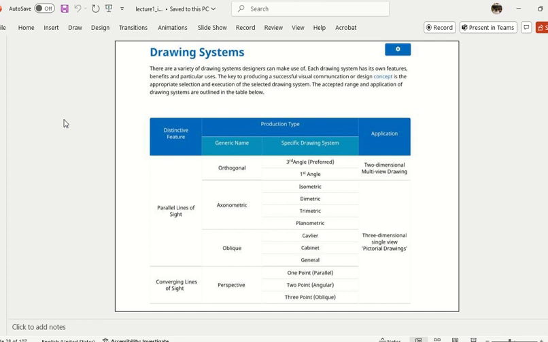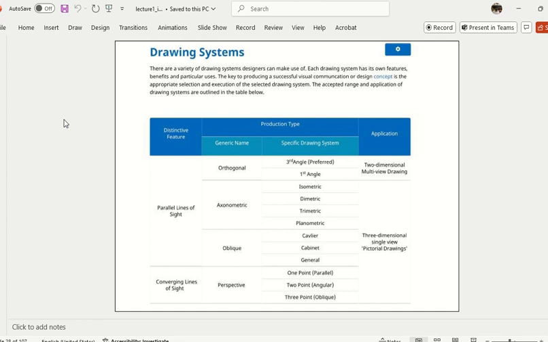But these are two different methods to show 2D drawings, and both of them come under which system? Orthogonal system. So orthogonal means 2D. Plan, elevation, section, all of them come under orthogonal, and can be arranged by third angle method or first angle method.